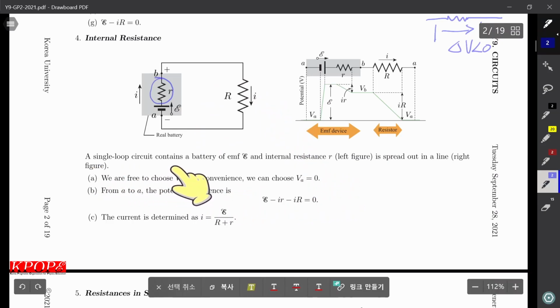A single loop circuit contains a battery of EMF E and internal resistance small r, spread out in a line. So we draw this circuit in a straight line, and actually this A is the same as this point. As we pass from the negative terminal to the positive terminal, potential rises up.